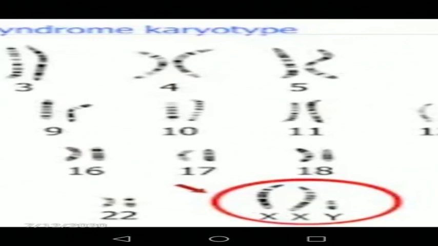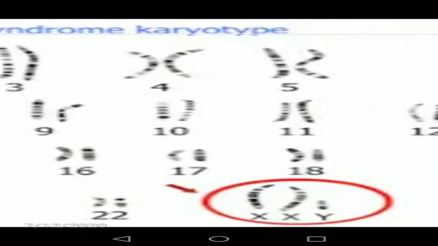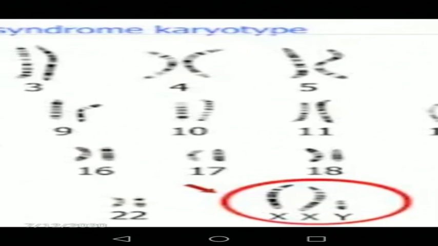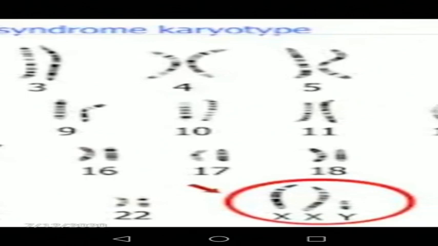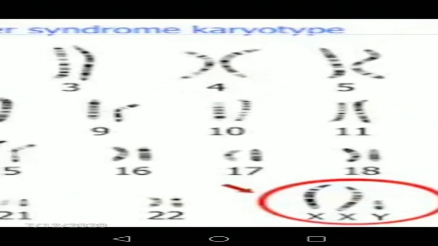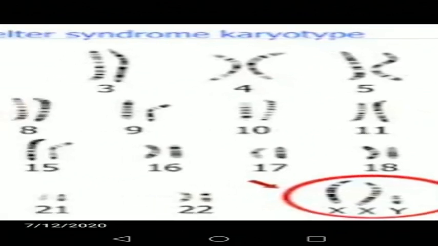There is one extra X chromosome. That is what we call Klinefelter syndrome. This genetic disorder is due to the presence of an additional copy of the X chromosome, resulting in a karyotype of 47, XXY. The person with this syndrome has 47 chromosomes: 44 plus XXY. Here 44 is the number, AA is the autosomal chromosomes.